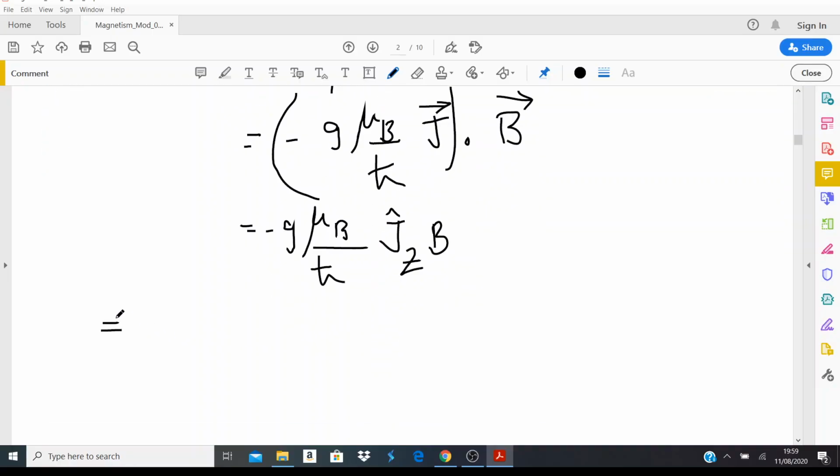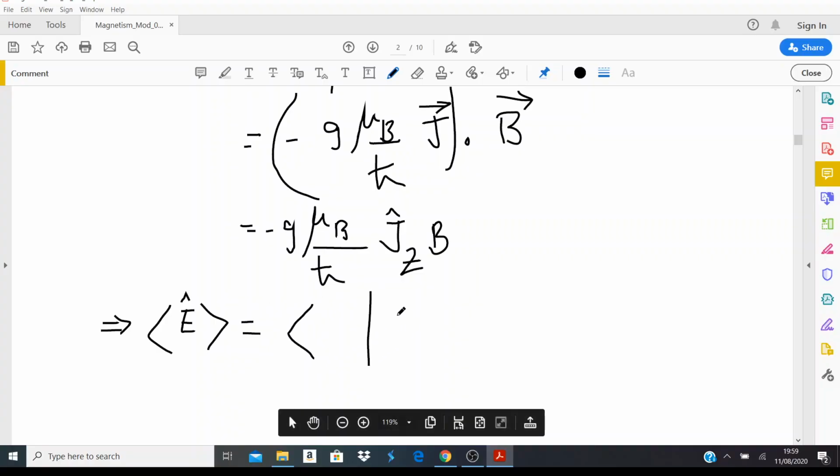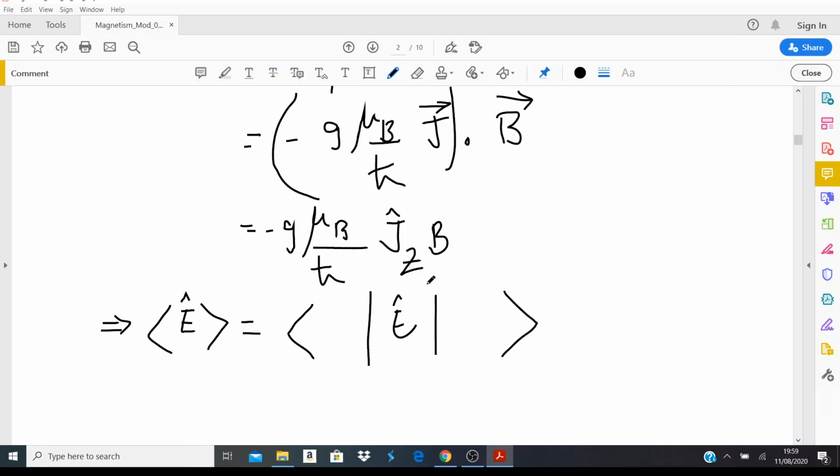Now the question is, how do you find the expectation value of this operator? Because that's your energy and you want that value. You have to know what state you are talking about. So you have the operator, but you have to sandwich it between a bra state and a ket state. As the operator is Jz, the quantum numbers should be J and Mj, and here the same, J, Mj.